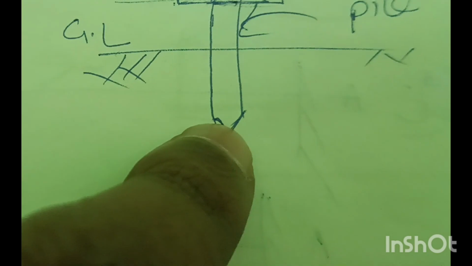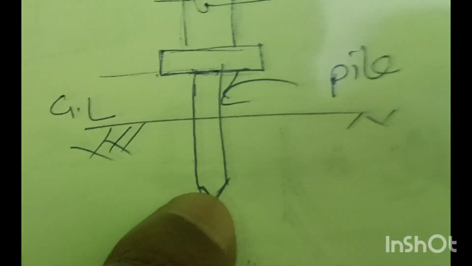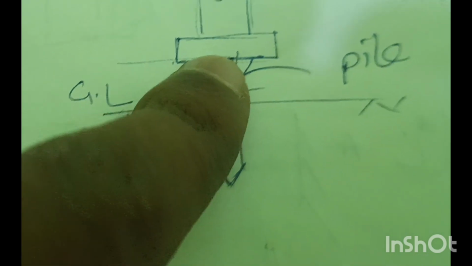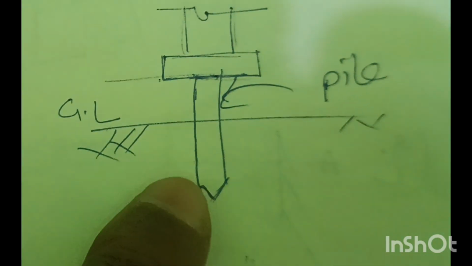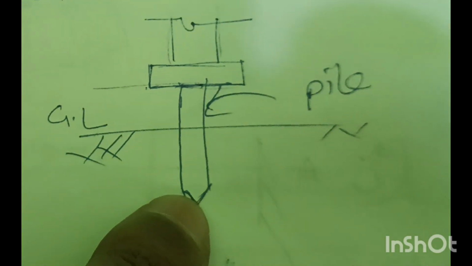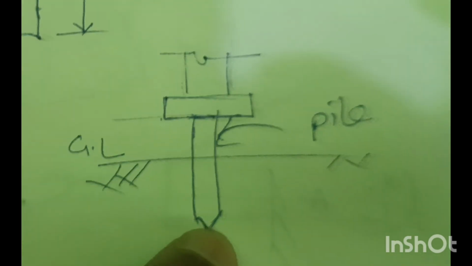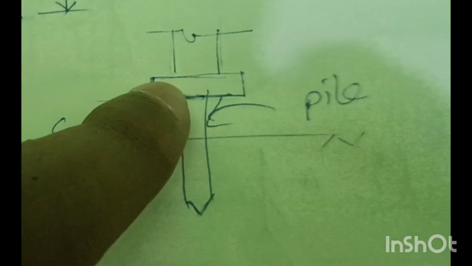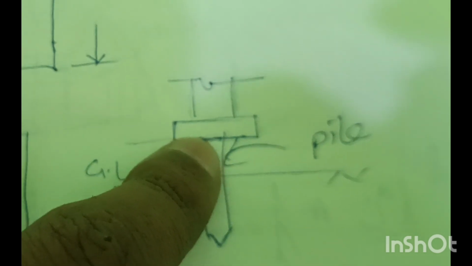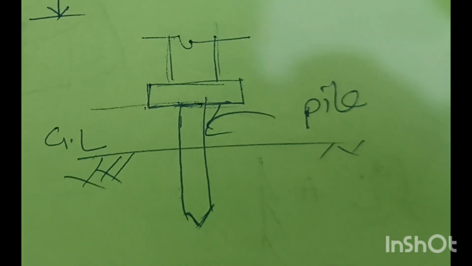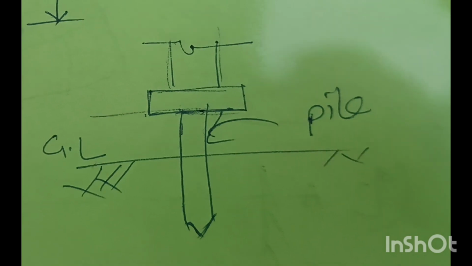This end is driven into the ground and is designed as fixed end, and this end is designed as hinged end, because this end can rotate, not restrained against rotation, but the other end is fixed and cannot rotate. So the pile is designed as one end hinged and one end fixed.